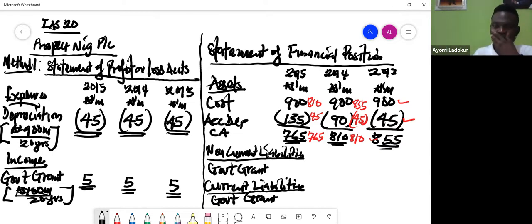So what do we do here? You ask yourself, how much is the grant? It says 100 million. How much have I charged into the income statement? In 2013, I have charged 5.